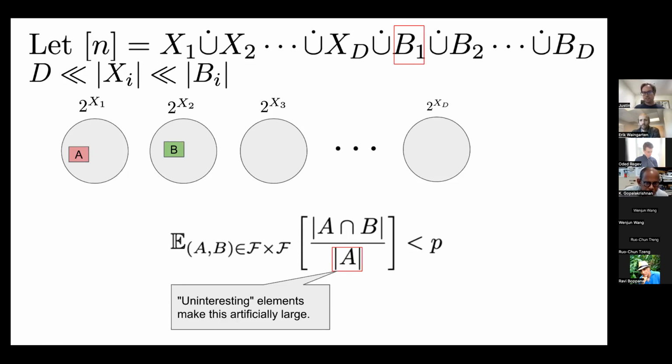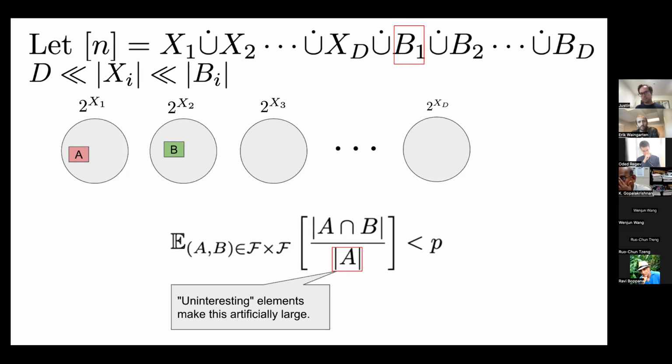So we hit this problem that you often hit when you think about the union closed conjecture, which is that if you try to define a strengthening, you can construct a family and make these uninteresting elements appear that kill your strengthening. And that's exactly what happened here, where this denominator size of A is artificially large because of these B sub i.